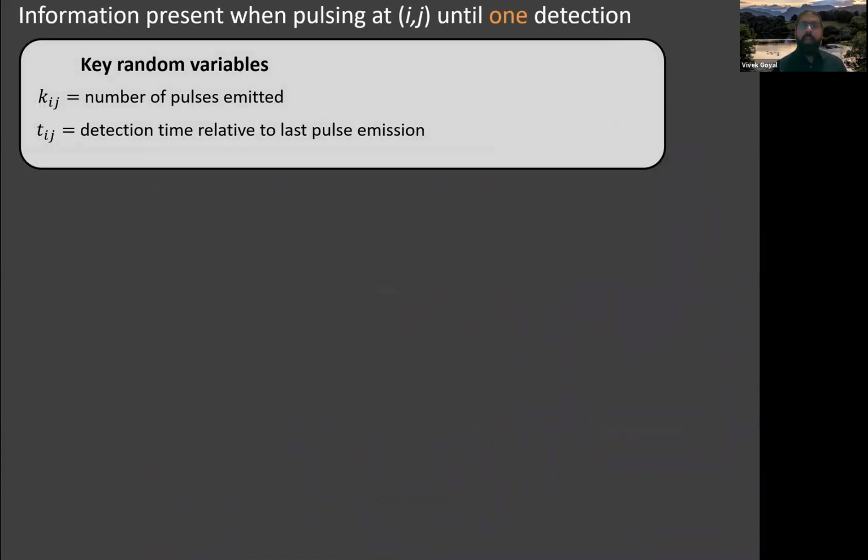Let's suppose we follow the strategy of sending illumination pulses at pixel ij until we have our first photon detection. Then we have some number Kij of pulses until that detection. For that detection, we have a detection time relative to the time of the last pulse emission, which we call Tij.